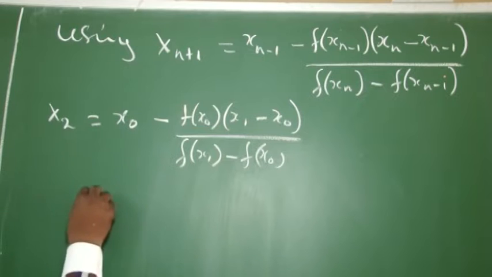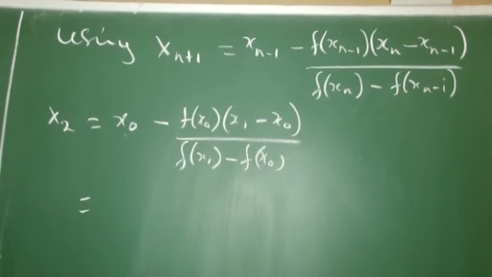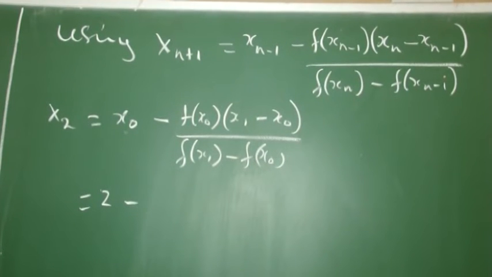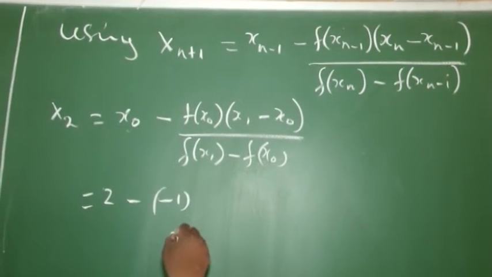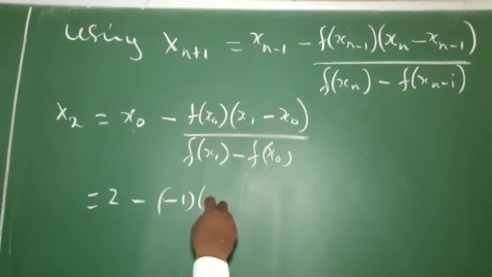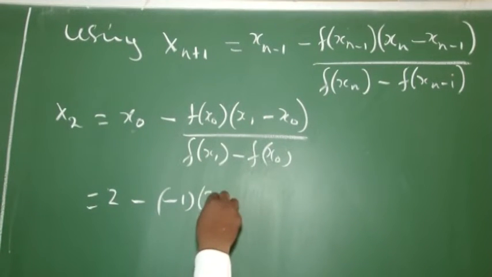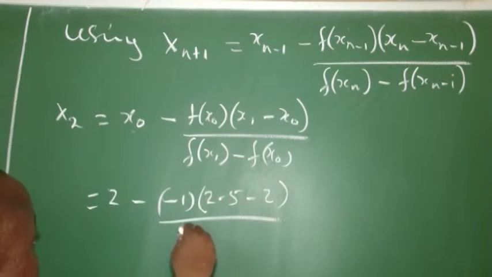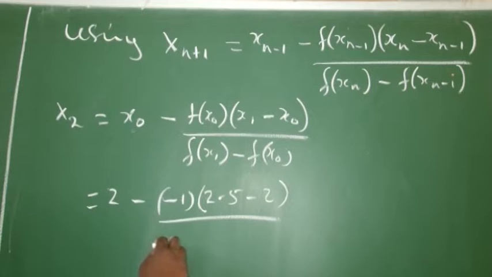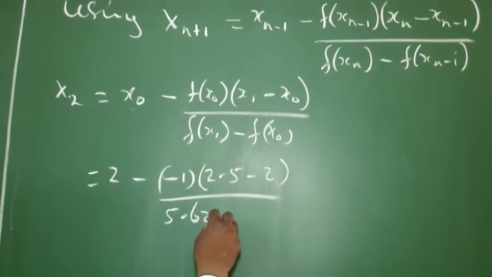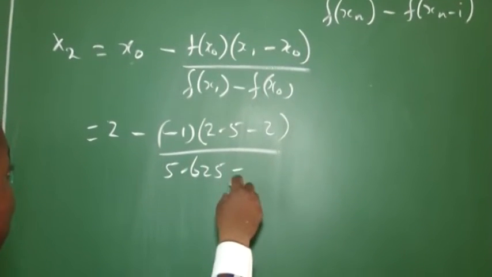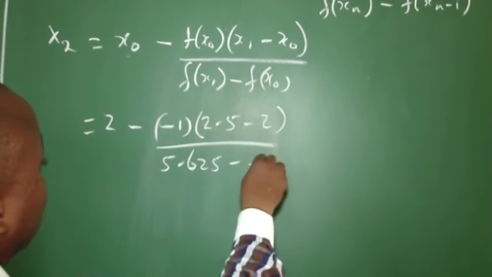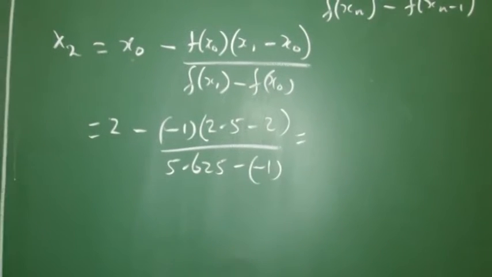So we have x0, that's s of 0, is 2, minus f of 2, which is minus 1. Then x1 is 2.5, s of 0 is 2, over f of 1, which is 5.625, minus f sub 0, that is minus 1. Okay.